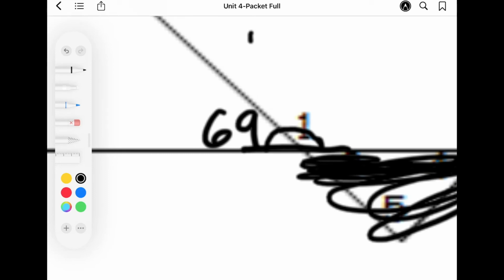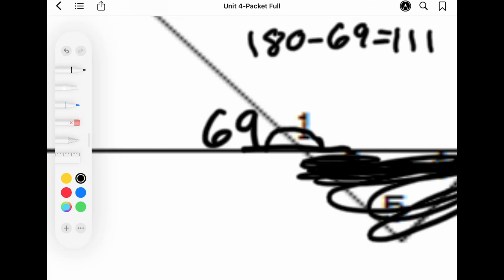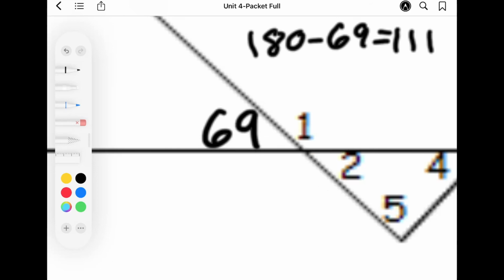Or we can just do 180, subtract the one angle we do know, 69, and we get 111. So that means this angle 1 is 111.